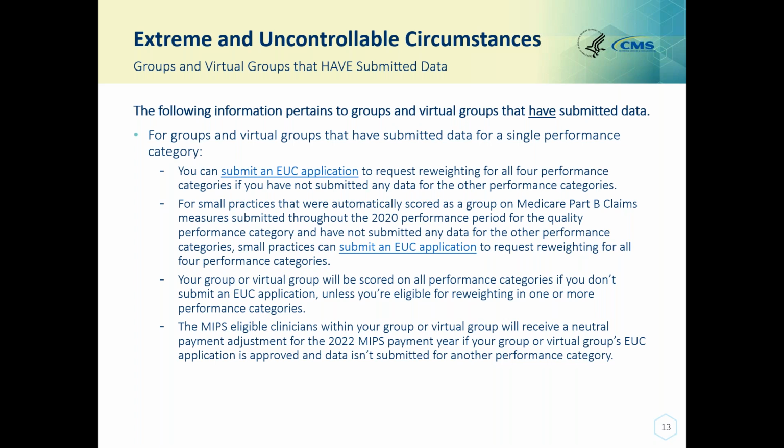The MIPS eligible clinicians within a group or virtual group will receive a neutral payment adjustment for the 2022 MIPS payment year if your group or virtual group's Extreme and Uncontrollable Circumstances application is approved and data is not submitted for more than 1 performance category. Next slide, please.